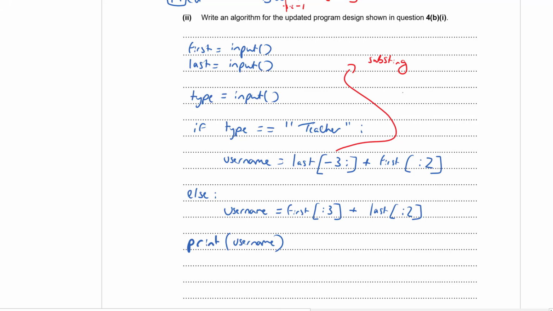So you could go, say, last dot right and put a 3 in the brackets, and that's the same as doing what I've just done down there. Likewise, you can do, say, first dot left and put a 2. That gives you the first 2 characters. So you might find that simpler.